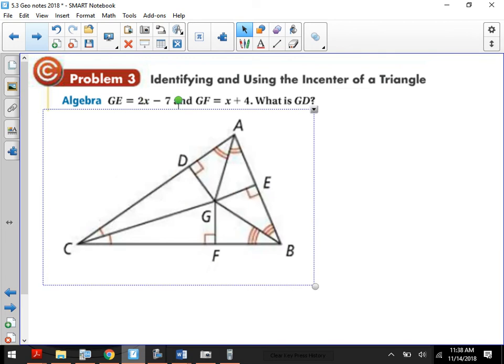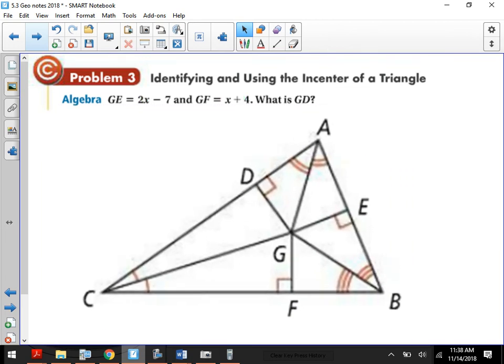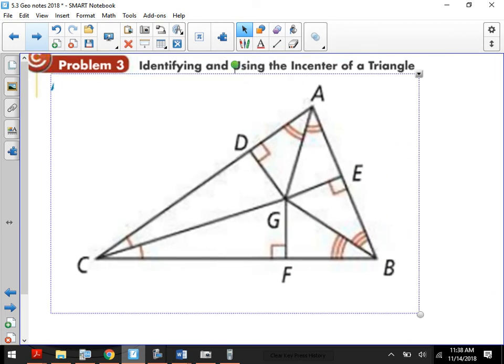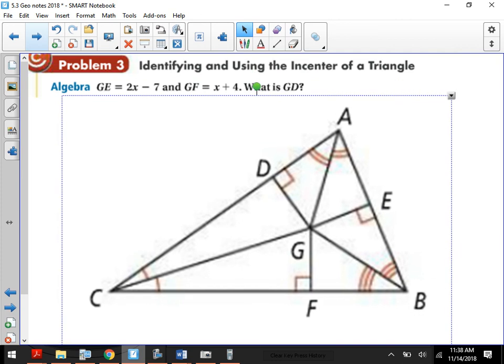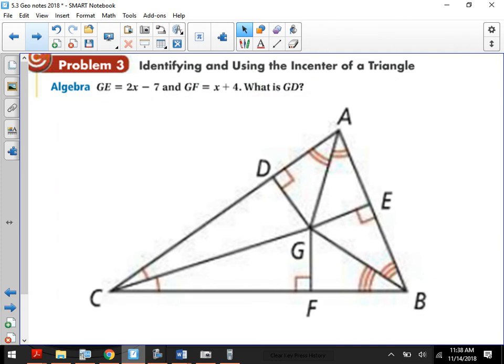I don't have this on a piece of paper for you, so we'll have to kind of look at the diagram and see what we can do. When you look at the diagram, you'll be able to tell right away if you're dealing with angle bisectors or perpendicular bisectors. Because when you look at this one, where are all of the tick marks?